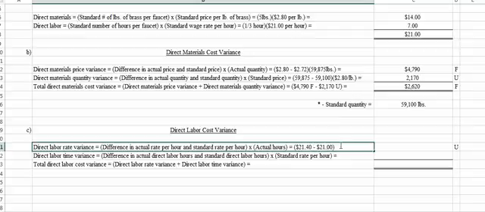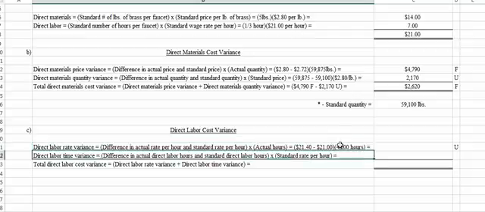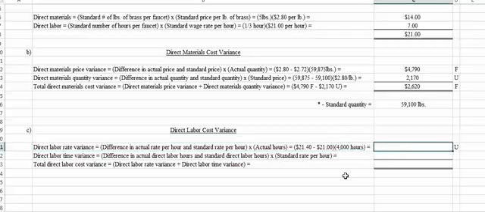And we're going to multiply that by the actual hours. Actual hours for the week, 4,000. Okay, and it's unfavorable because the actual wage rate paid, $21.40 per hour, was over our budgeted or standard amount of $21 per hour.